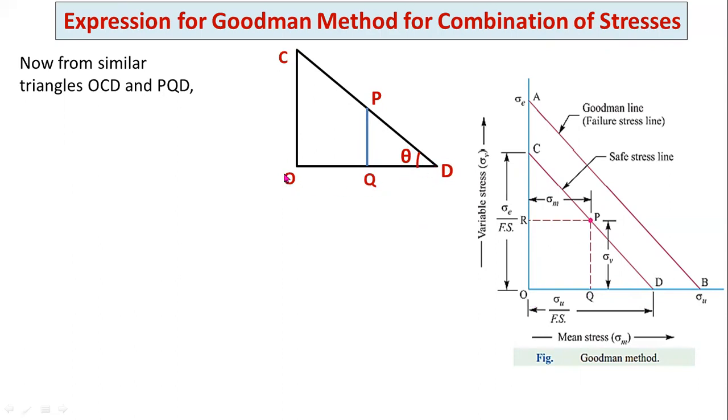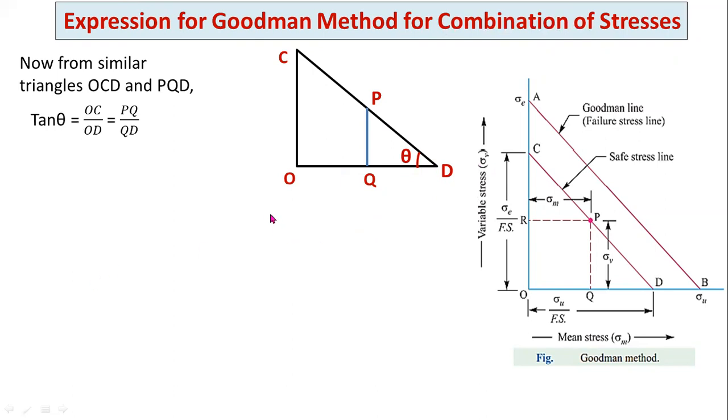From these two triangles, theta is the common angle, so the angle ODC equals the angle QDP equals theta. The angle is the same, that's why I am considering these two triangles as similar triangles.